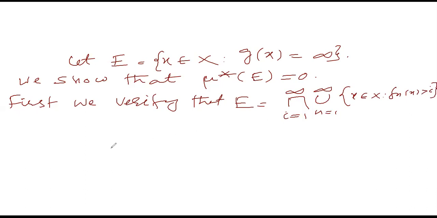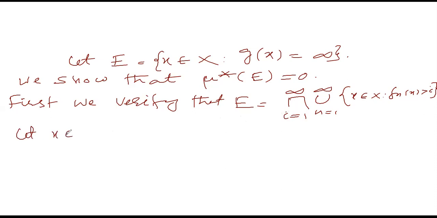We verify this set. This will imply that E is measurable, because fn is integrable, and hence measurable. So this set is measurable for each n and for each i. Which implies the union over n and the intersection over i is also measurable, because as we know, the collection of measurable sets is a sigma algebra. So let's prove this.